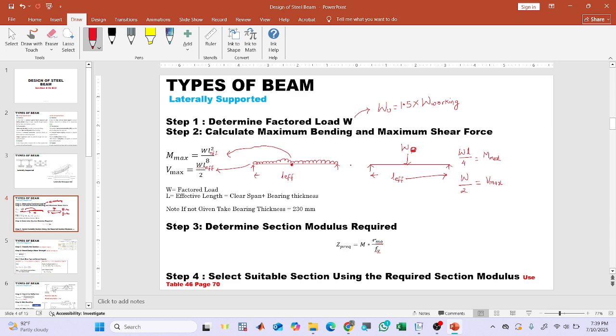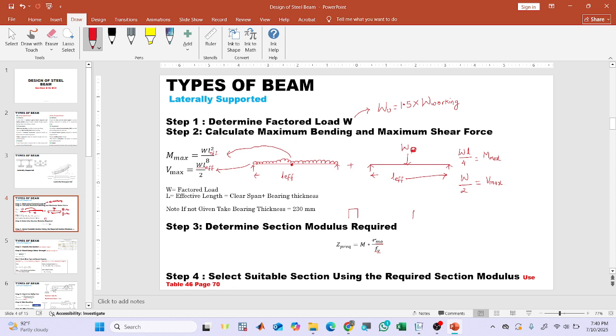And if the question gives a combination of loads, then we can determine the maximum values of shear force and bending moment also. And what is this L effective? L effective can be defined as clear span plus bearing thickness. What is bearing?